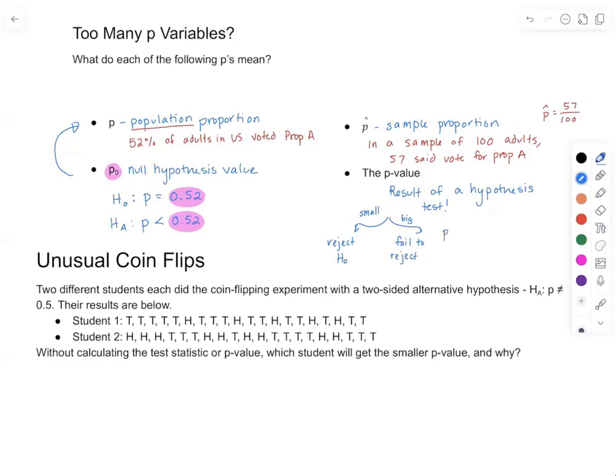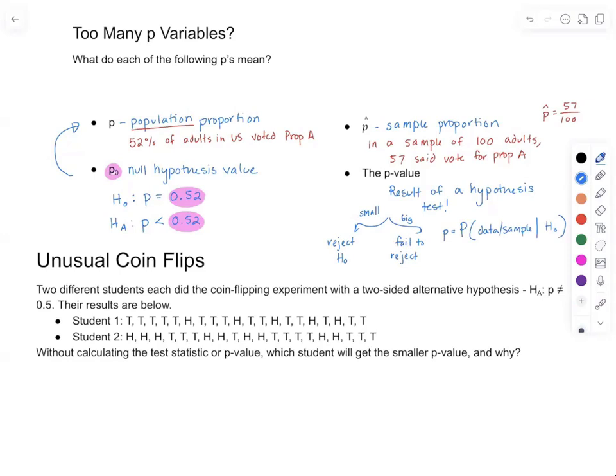And remember that this p is a probability. It's the probability that we see the data or the sample that we're getting if we assume that the null hypothesis is true. So it's a conditional probability.